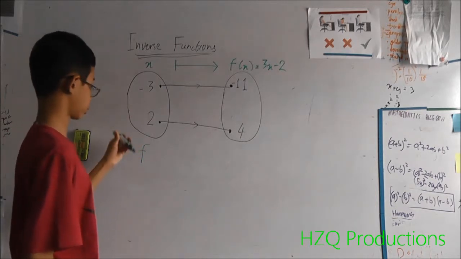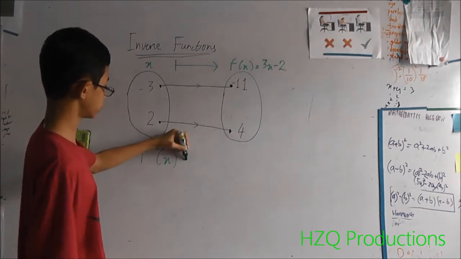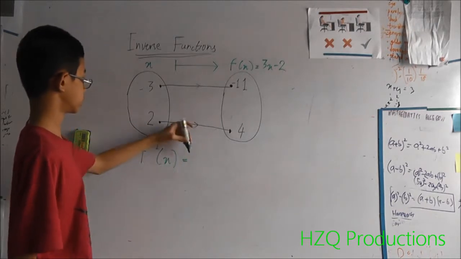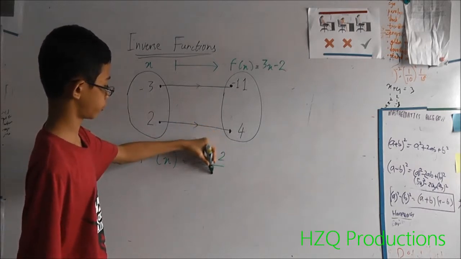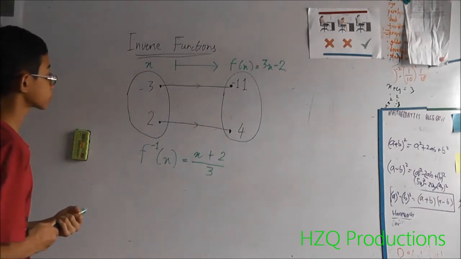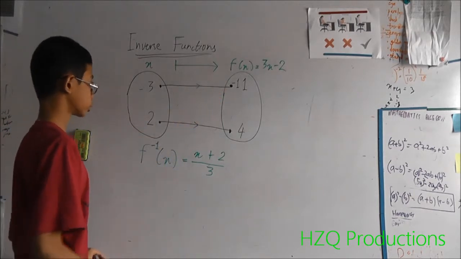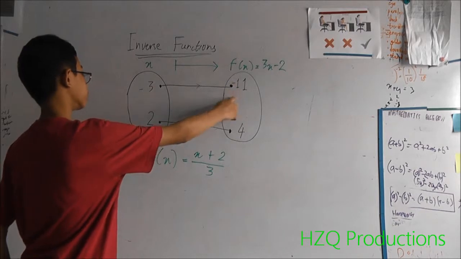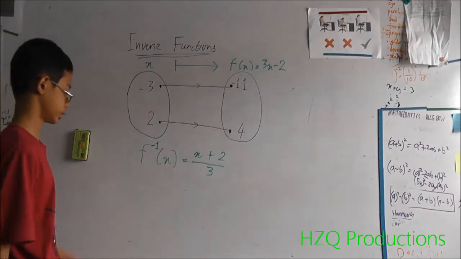It depends on the question itself. For this question, the formula is x plus 2 over 3. So we found out just now, this is negative 11. It's the output. I want to make sure that this negative 11 changes back to negative 3. And yes.